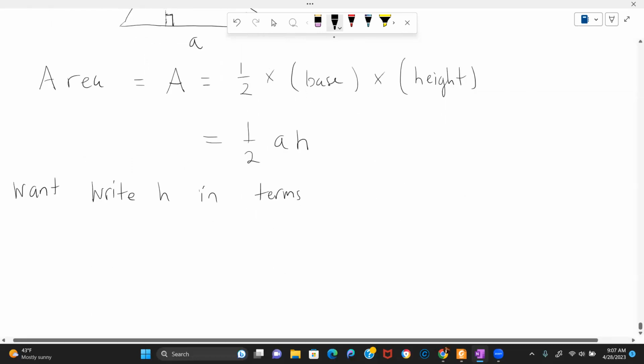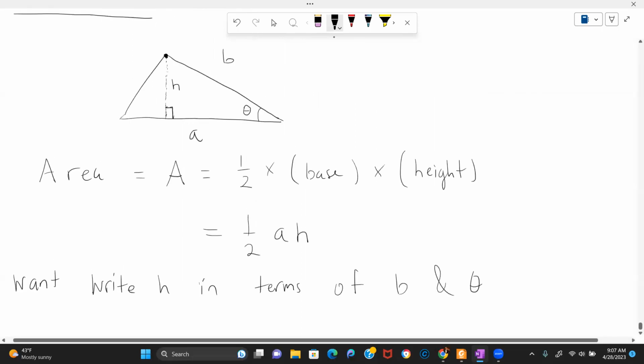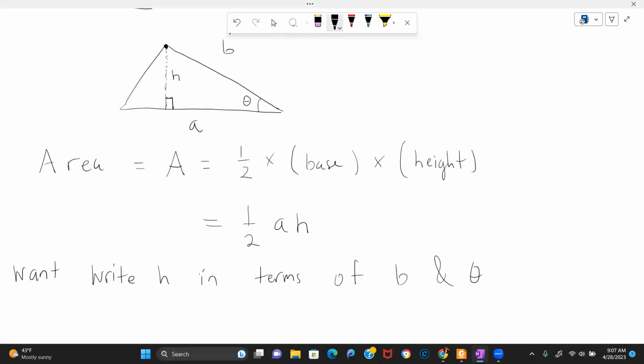We want to write h in terms of B and theta, and possibly A. For all we know, maybe A is involved in the formula for h. It's going to turn out that A won't be, which is a nice feature. So what we have here is this right triangle. We just focus on this, and we can use our trig functions to express h in terms of the given data.